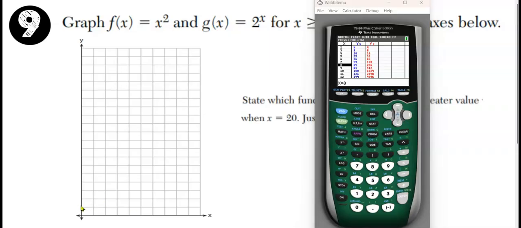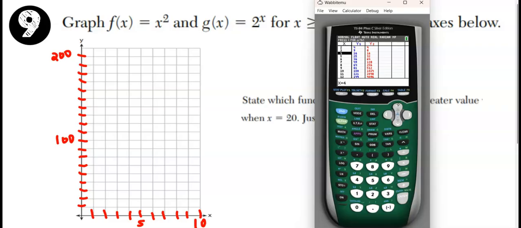10, 20, 30, 40, 50, 60, 70, 80, 100. 10, 20, 30, 40, 50, 60, 70, 80, 90, 200. 1, 2, 3, 4, 5, 6, 7, 8, 9, 10. All right. My first function starts at 0, 0, and then I'm going to estimate these points here.